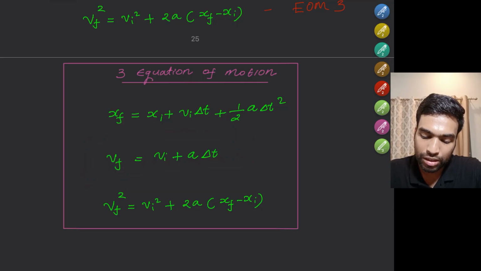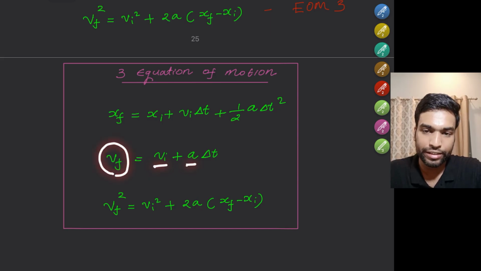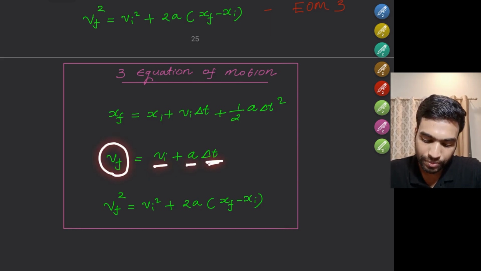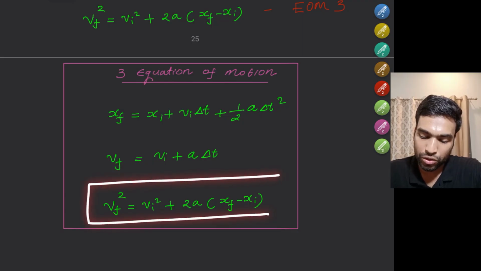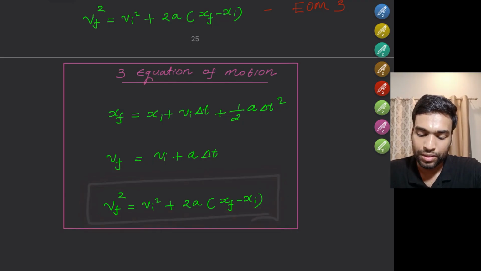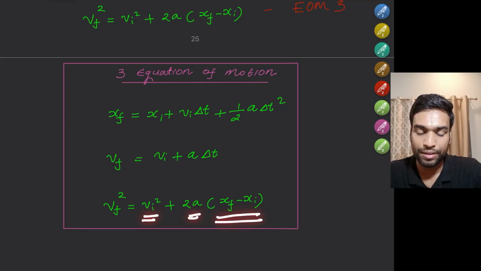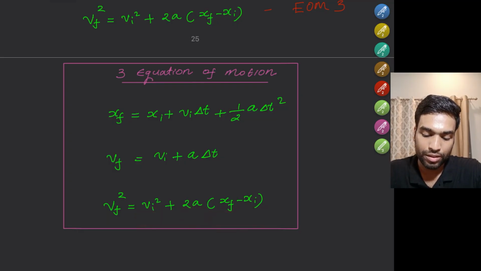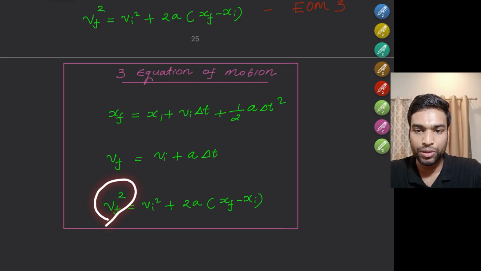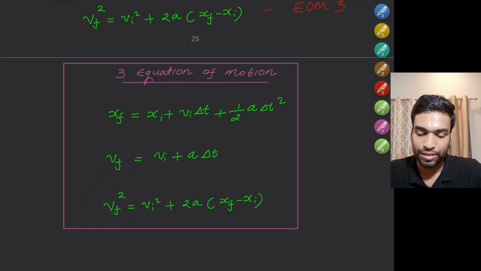If you know the initial velocity and acceleration, you can find the velocity at any time. Good. Now what is the purpose of equation of motion 3? When you know the initial velocity and acceleration, but you don't know the time, but you know the displacement, then you can find the velocity at that particular displacement. So that is the significance.